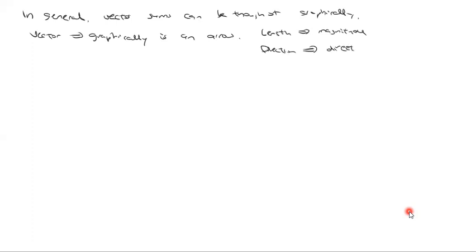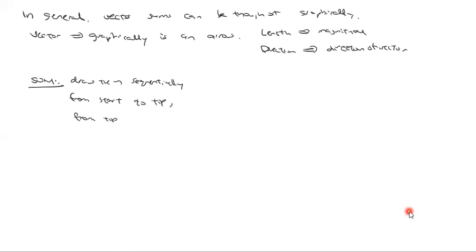Now, if you're summing up vectors, then basically draw them sequentially, one after the other, from the start to the tip, and then from the tip of the previous one, draw the next vector.